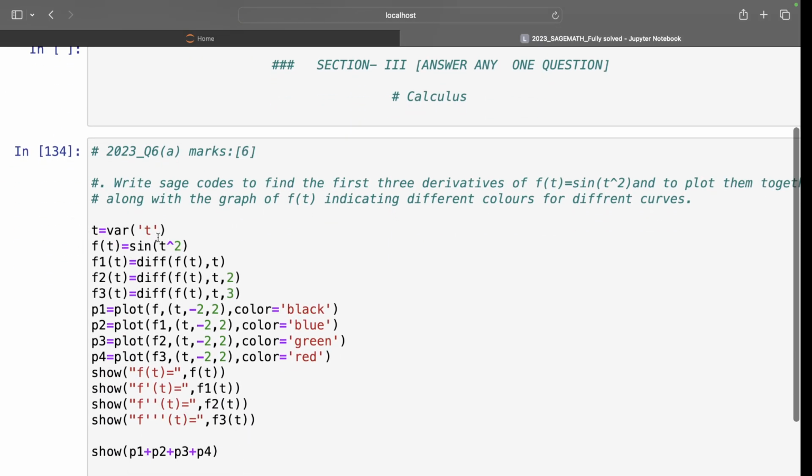Here t is the variable t, f(t) equal to sin(t square), f1(t) is the first derivative of f(t), this diff is the inbuilt function, and f2(t) is the second derivative. So we write differentiation f(t) comma t comma 2. Actually, second derivative is this. And third derivative is this, differentiation f(t) comma t comma 3.